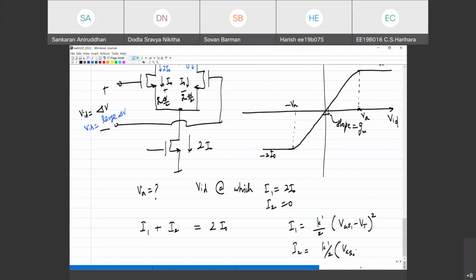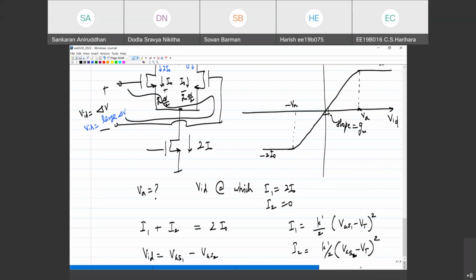So you know these two as well. What else? You have I1, I2, VGS1, VGS2. You need 4 equations. Of course, the fourth equation is this: VID is basically VGS1 minus VGS2, if you apply KVL through this path.